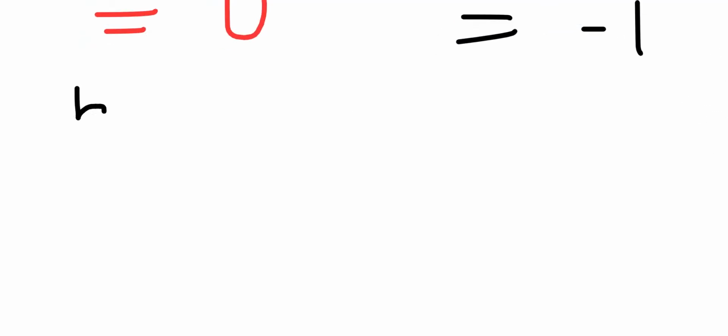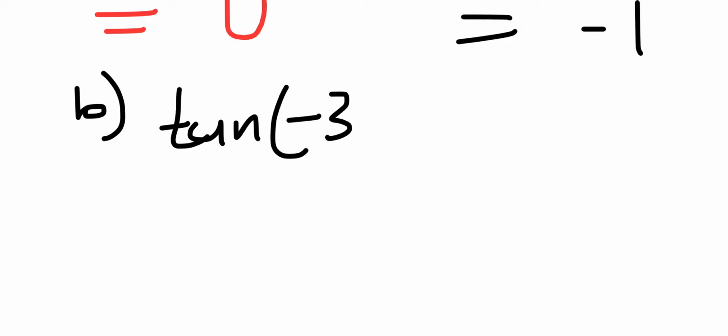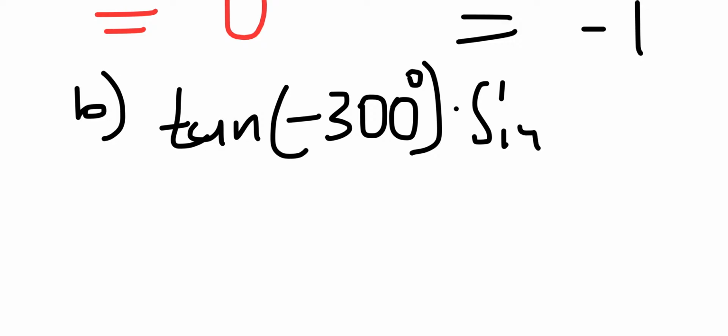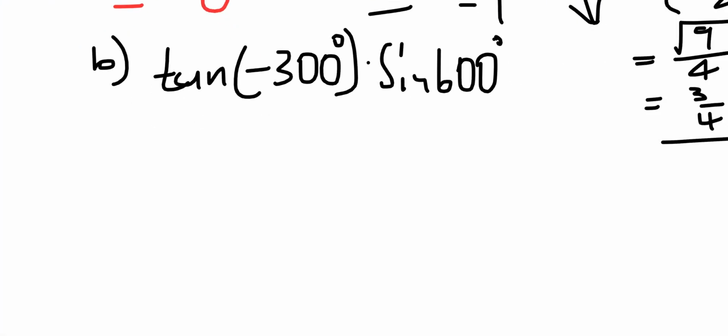Let's do another one, example B, where we have tan of negative 300 degrees multiplied by sine of 600 degrees. An interesting problem. Where are we going to start? This automatically falls in which quadrant?